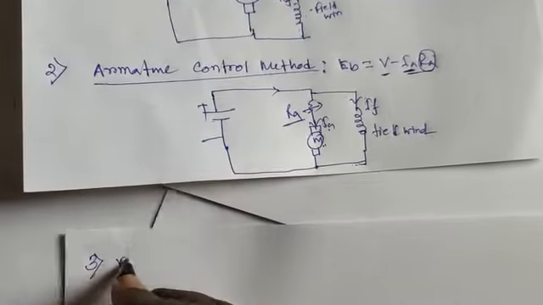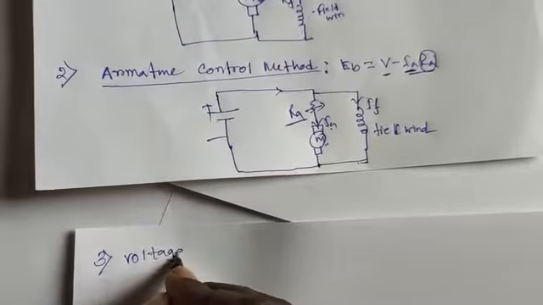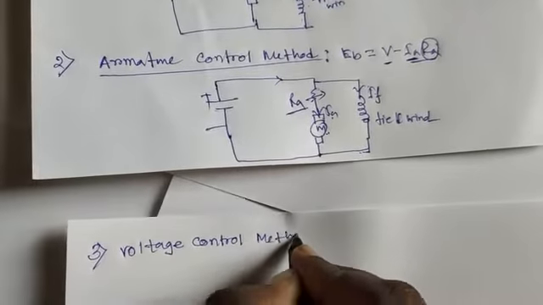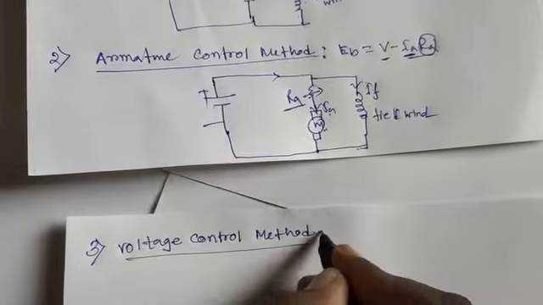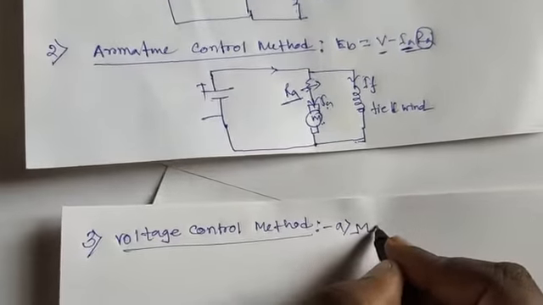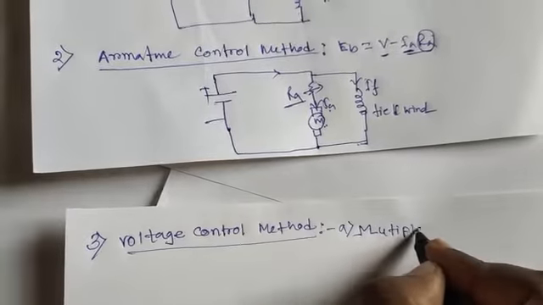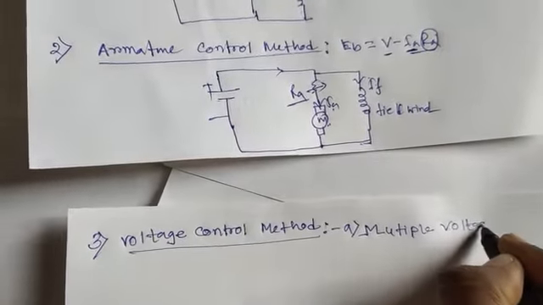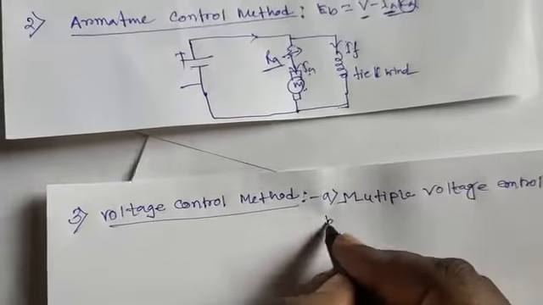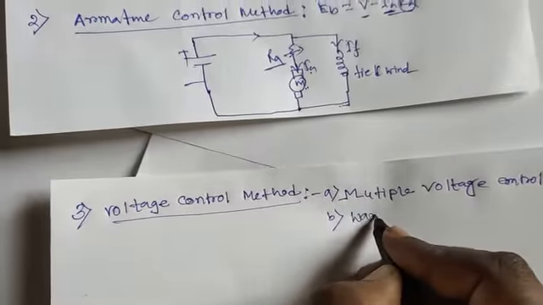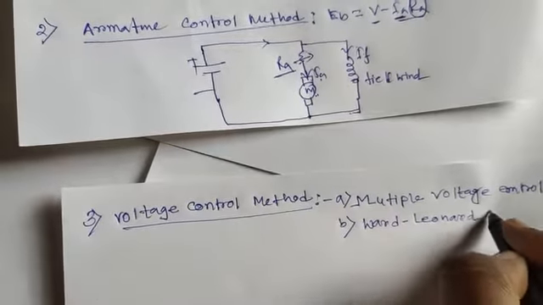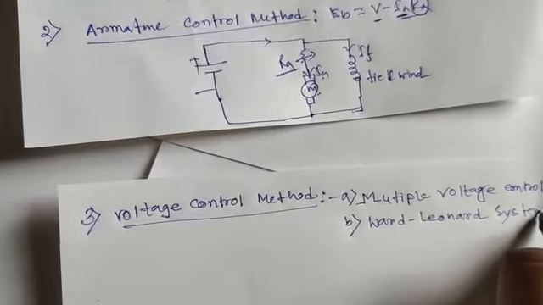The third one is the voltage control method. The voltage control method is further divided into two types: A is multiple voltage control, and B is the Ward Leonard system.